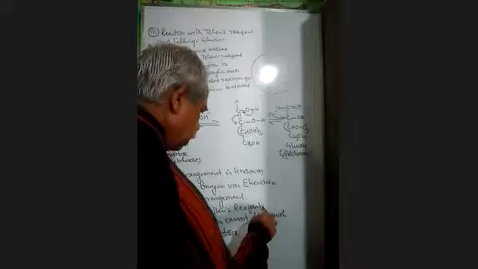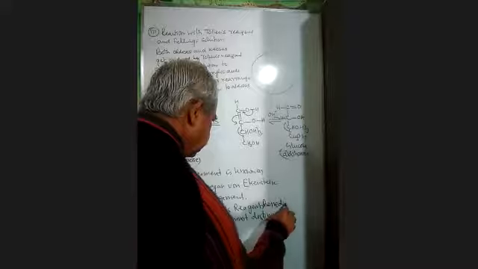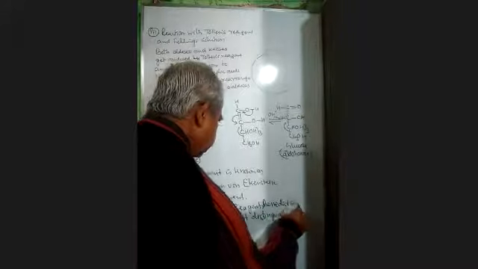This I am writing only for your entrance. No, I will not write like this. I will change it a little here. I will not write here both. Because for entrance, Tollens reagent, comma, Benedict's solution, because I have given you options.